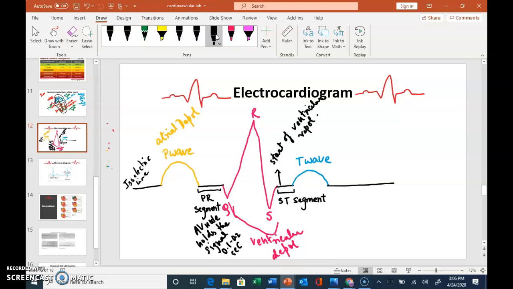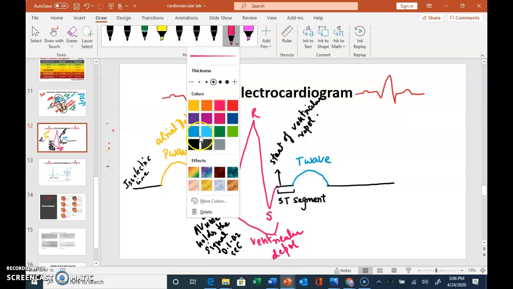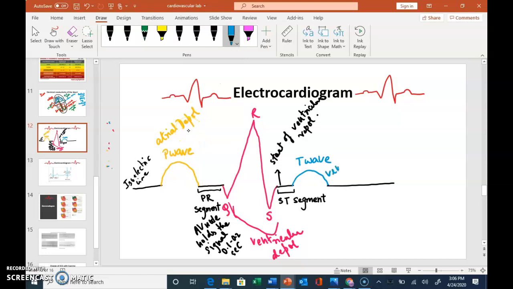And then T wave is when the ventricles are actually repolarized. So the T wave represents ventricular repolarization. So these are the different phases of the electrocardiogram.